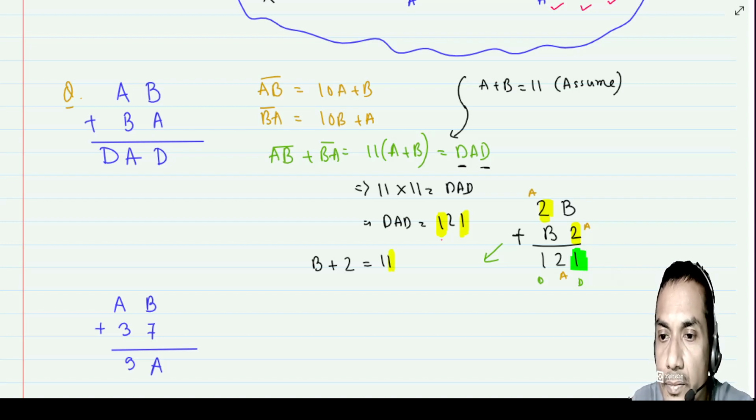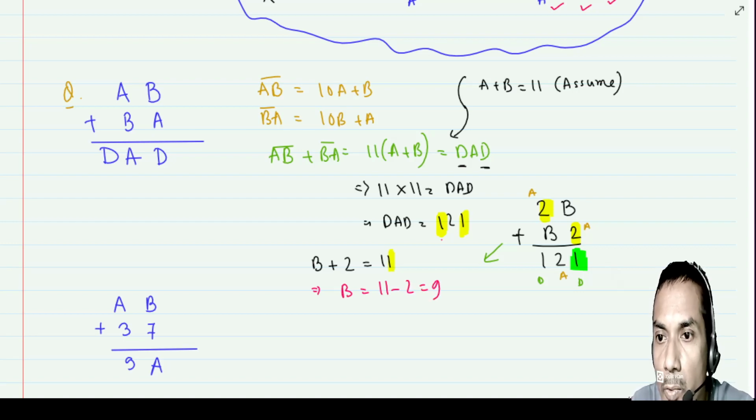And where do we get this carry forward concept? Because 2 plus something cannot be 1, since we cannot put a minus value here. Only 0 to 9 is allowed. So from here we get B is equal to 11 minus 2 is equal to 9.